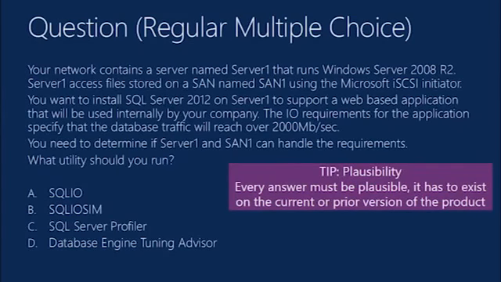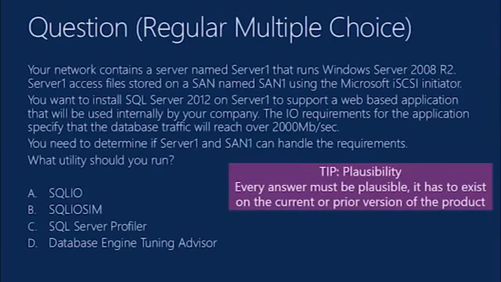There you go. Now, before I show you the answer, let's highlight something: plausibility. Every single answer that you're going to see has to have existed at some point in the lifespan of SQL Server. So it can't be an answer if it says the input-output ultimate testing tool? That is correct. That might actually be a nice tool to have. We'll have to talk to somebody about that. But in the meantime, the items actually have to exist.